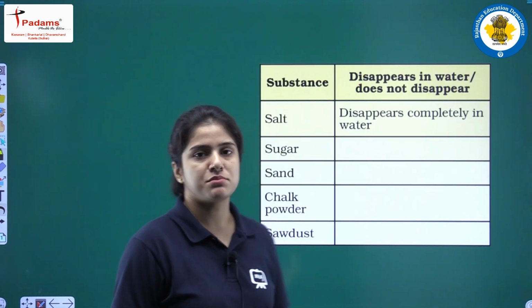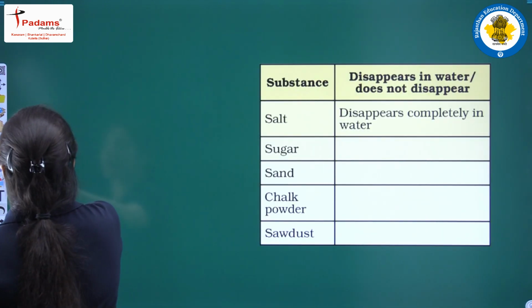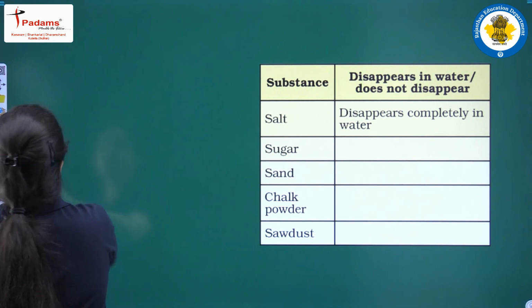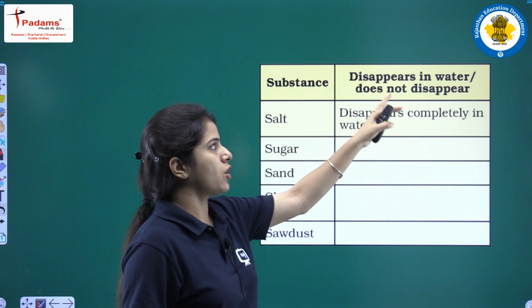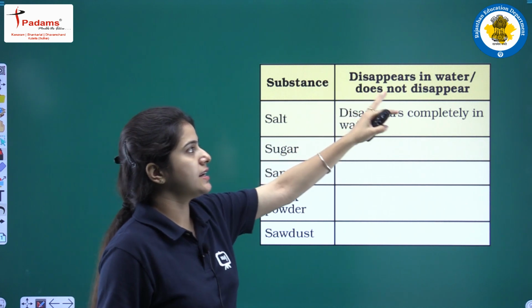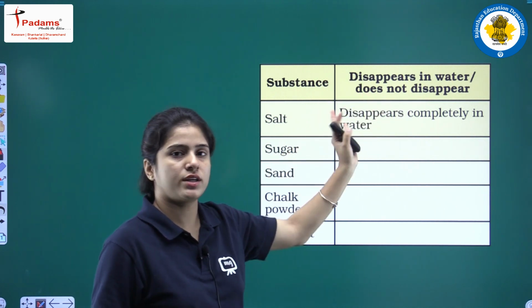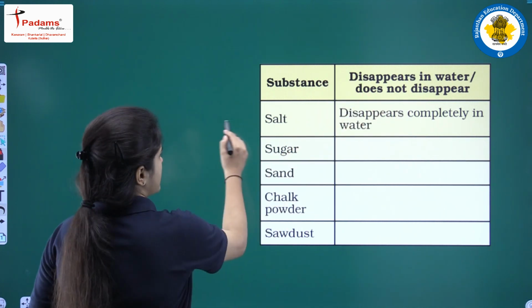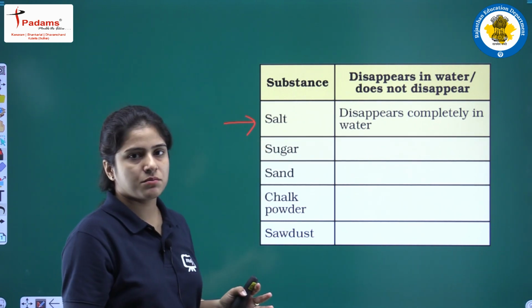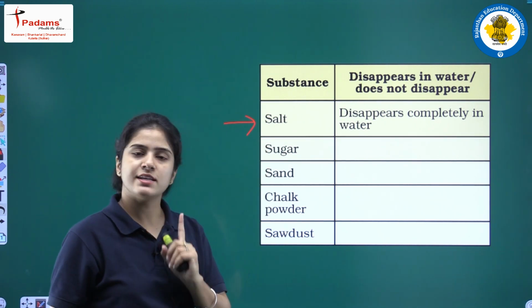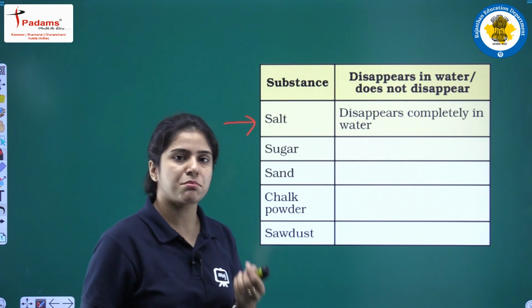So let's see the examples. Here is a chart. In this you have to mention whether the substance disappears in water or doesn't disappear. So first, I have told you this before, salt is completely soluble, so it completely disappears in water.